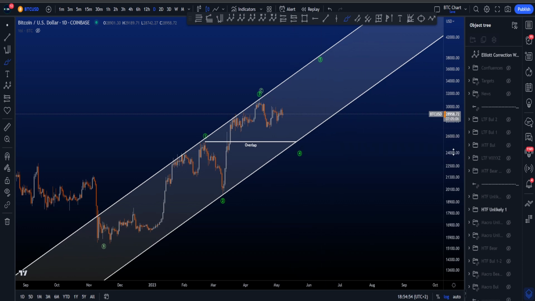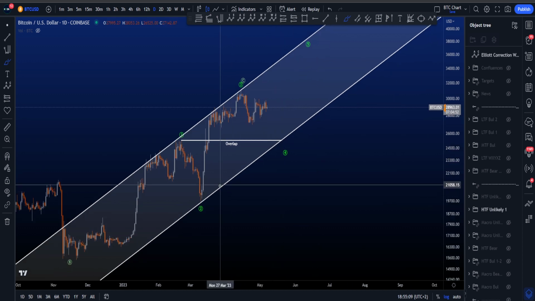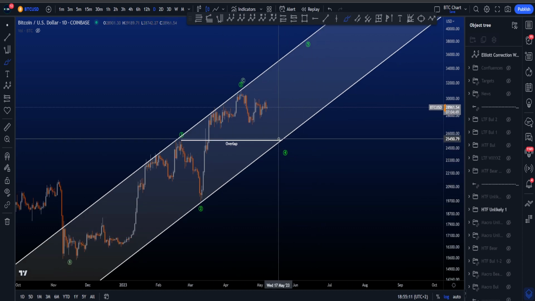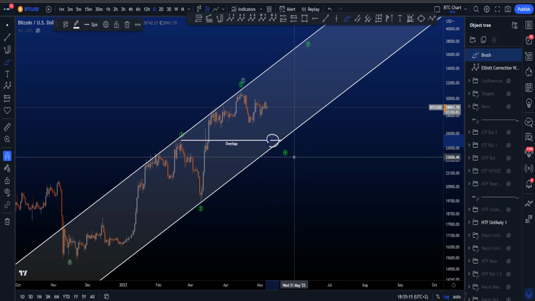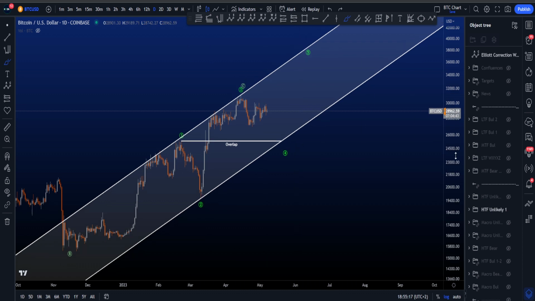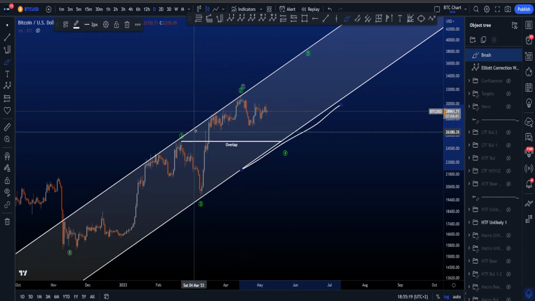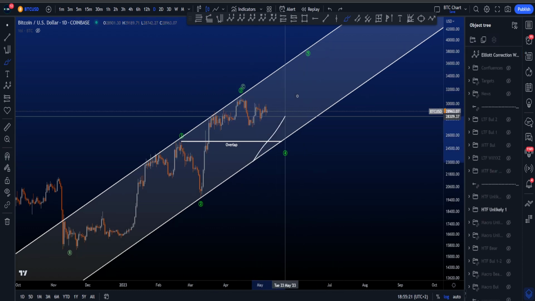It's not necessarily a must, but it's by far the most common. There's a little bit of a discussion in Elliott Wave world if it is a must or not, but by far most commonly a wave 4, and that's actually just something to remember, wave 4 should overlap wave 1. But if it wants to overlap wave 1 and still be a diagonal, then you have a very small window of opportunity for price to dip down, because you can see on my chart a channel, which means the trend lines are the exact same and not converging.